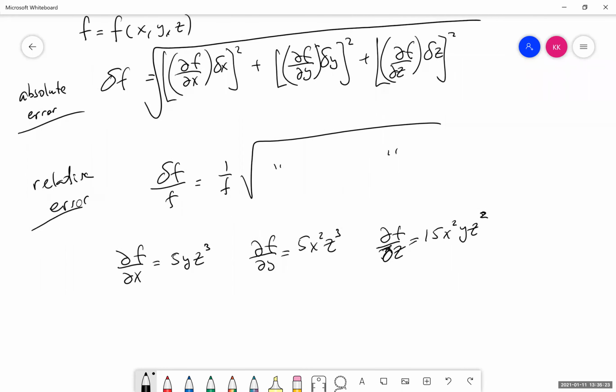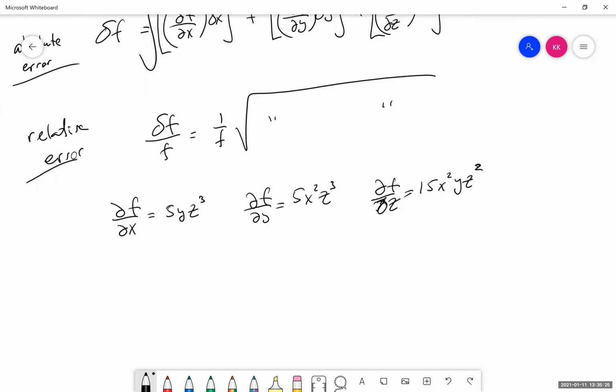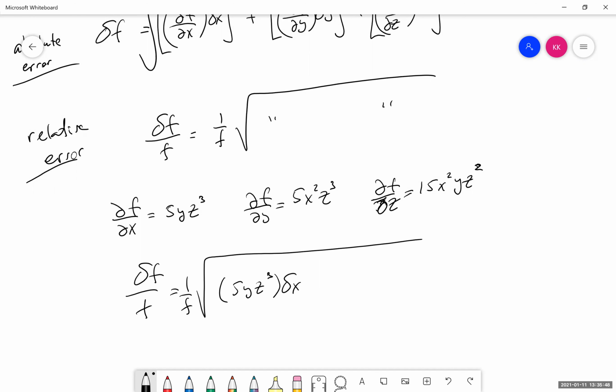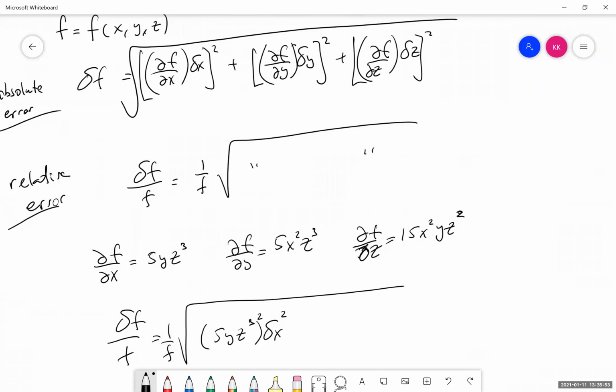Now, if I'm doing this calculation, delta f over f equals the square root of 1 over f times, I can write it down, 5yz cubed times delta x, both of them squared, remember, the template equation over there.